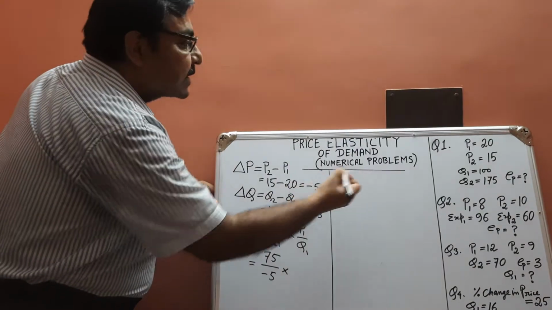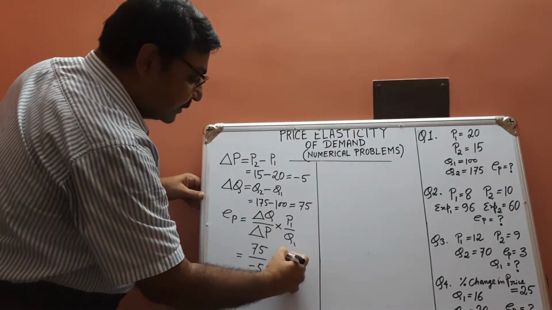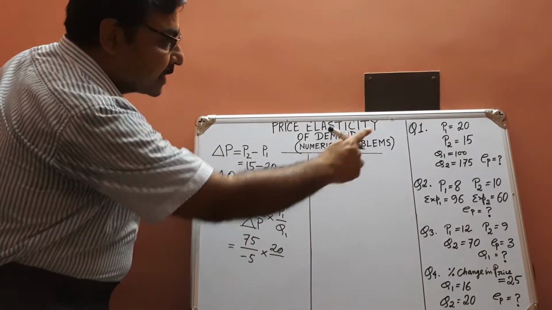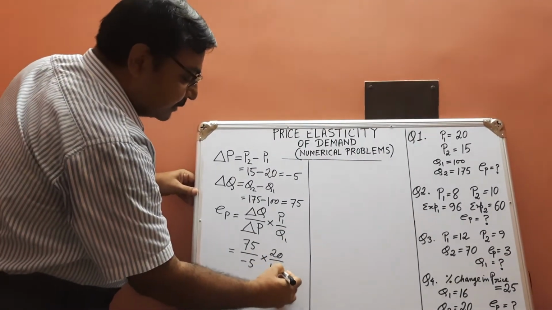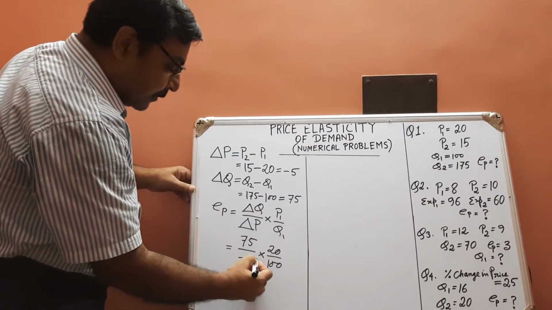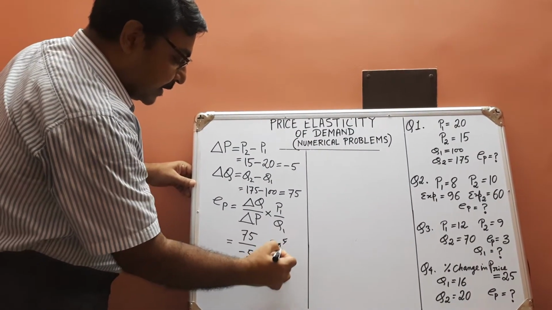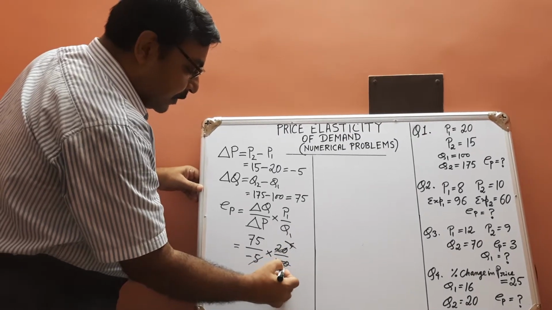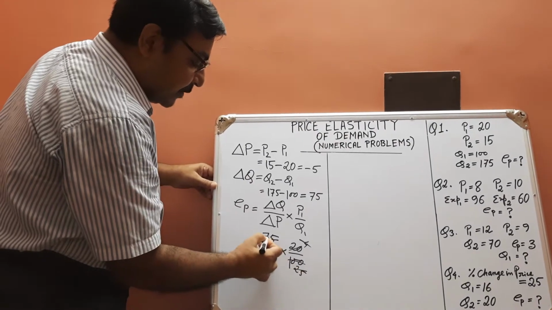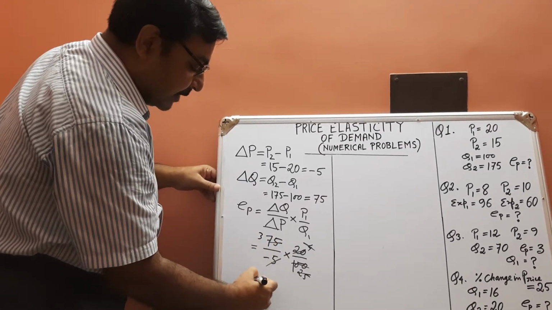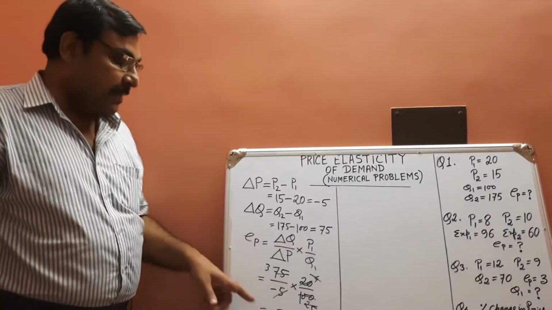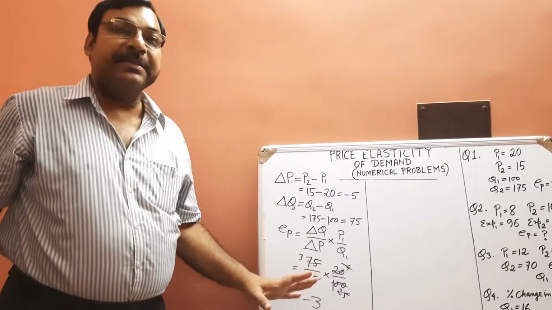P1, initial price, is given 20 and Q1, initial demand, is given 100. So 5 4s are 20, 4 25s are 100, 3 25s are 75. Answer is minus 3. Price elasticity of demand is equal to minus 3.